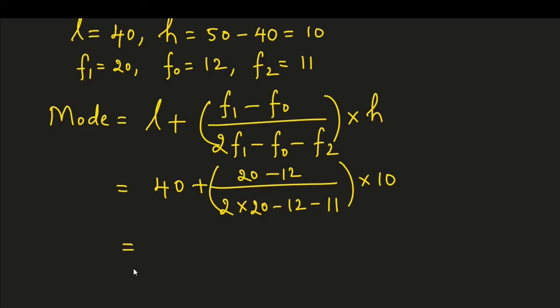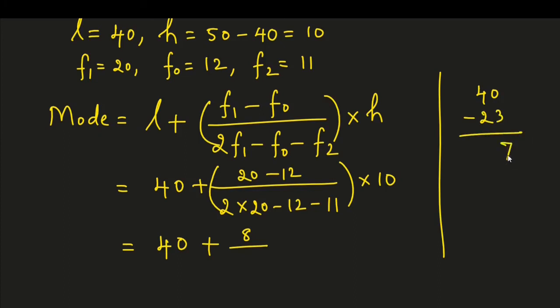Let us simplify and calculate the mode value. 40 plus 20 minus 12 is 8. This is 2 into 20, 40 minus 23. So we get 17. This is 17 into 10. So this is 40 plus 80 by 17.